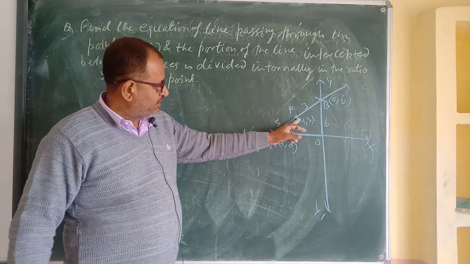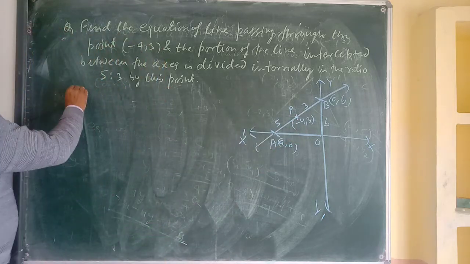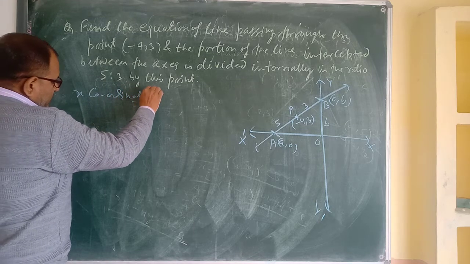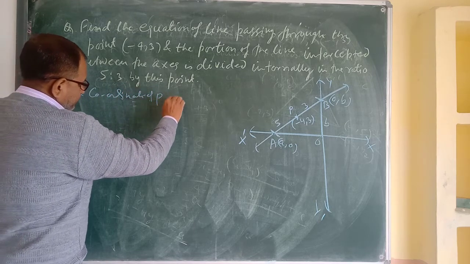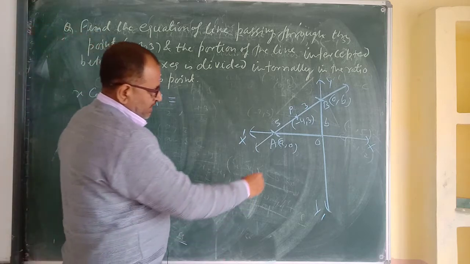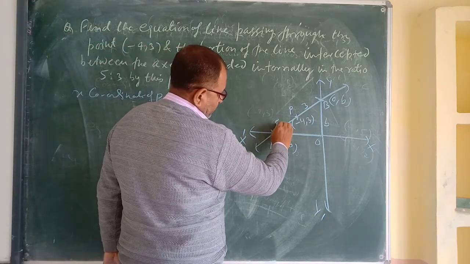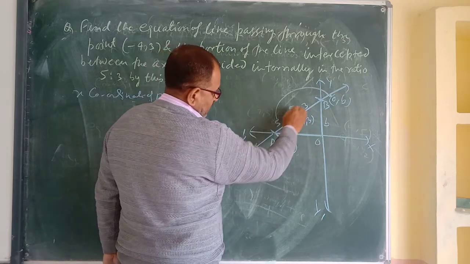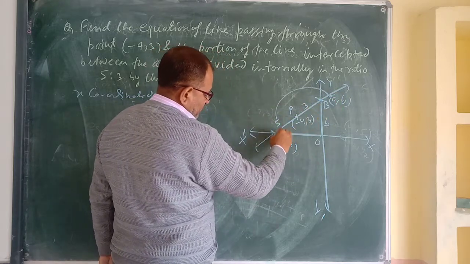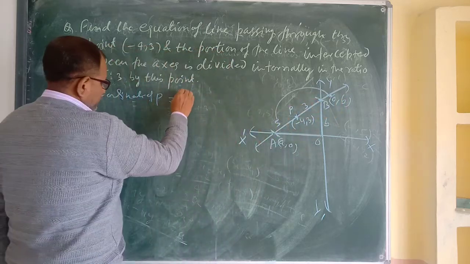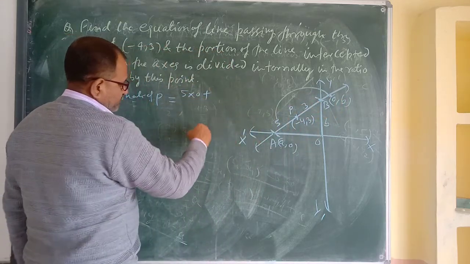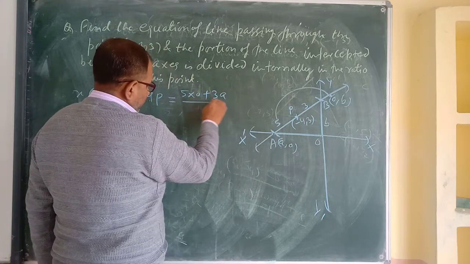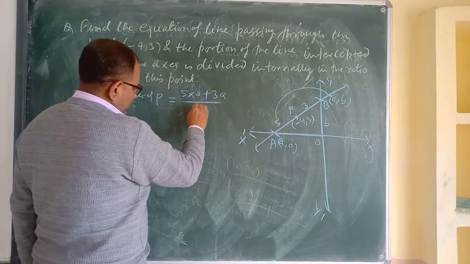What is the x coordinate of P? We can use the section formula: m1 x2 plus m2 x1 upon m1 plus m2. So 5 into 0 plus 3 into a, upon the sum of the ratio, 5 plus 3.